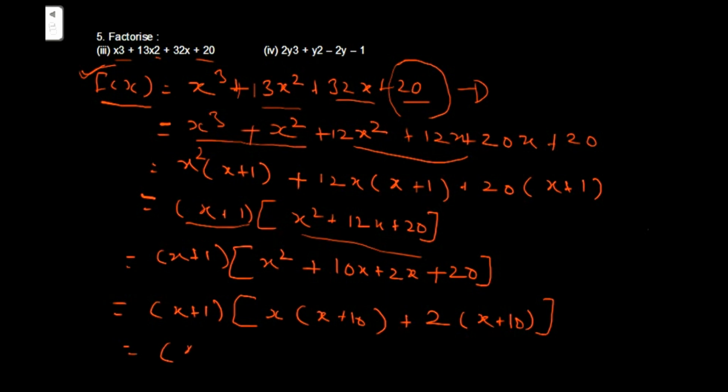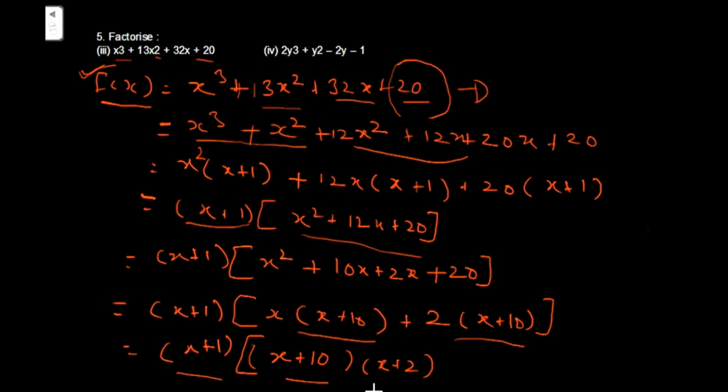So x plus 1 into the bracket, from both these terms I can take x plus 10 as common, and x plus 2. So I have broken this cubic polynomial into 3 linear polynomials. These are the 3 linear polynomials which I got after factorizing this.